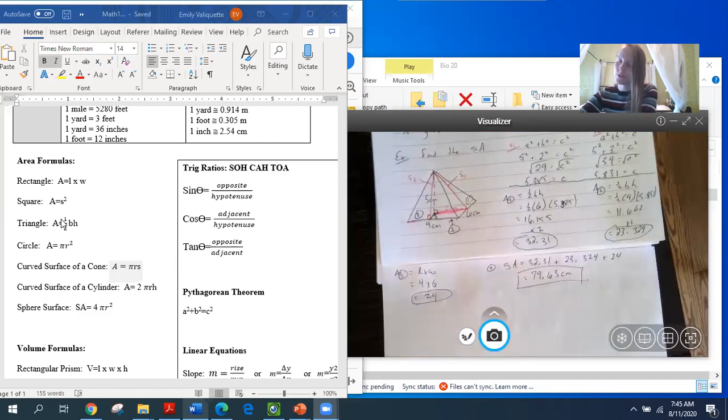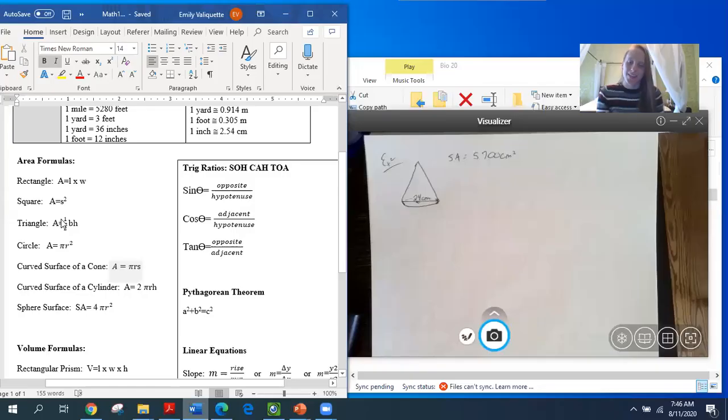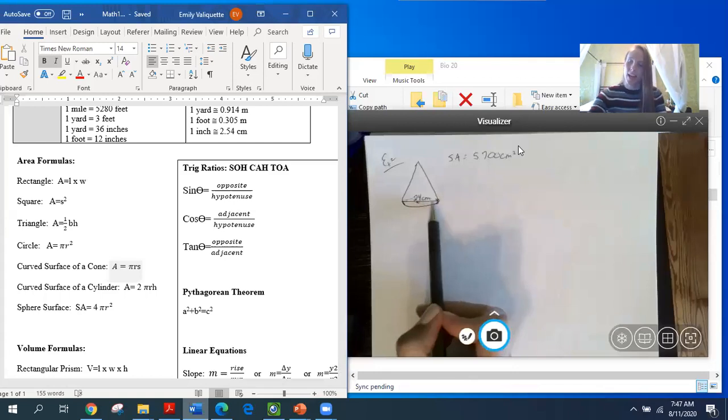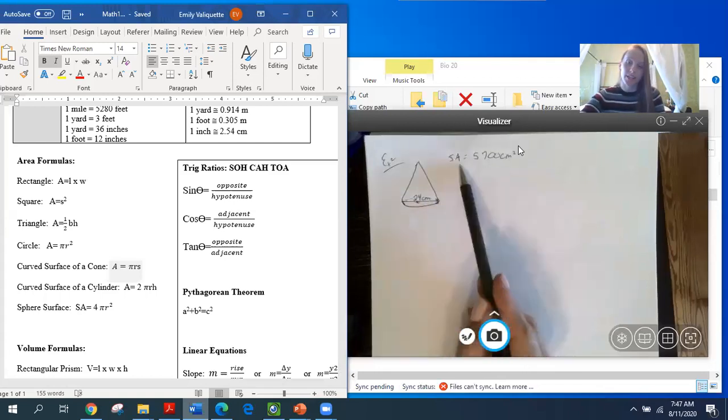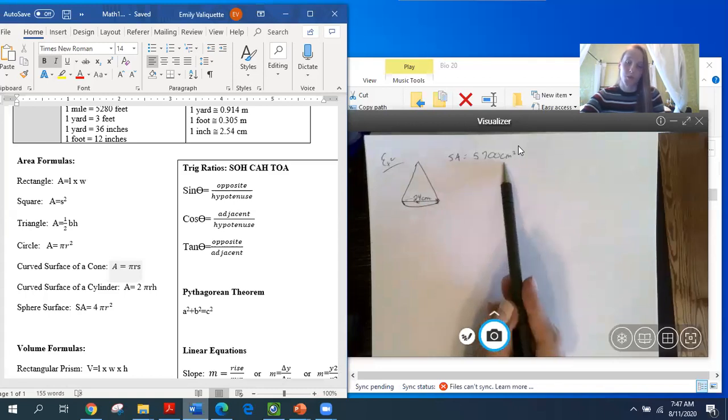Next up, I do want to try an example of a cone as well. So let's try that. Okay, so for the second example, I have given you a cone. I have drawn in that the diameter of the cone is 24 centimeters. And I've also told you that the surface area of the cone is 5,700 centimeters squared.